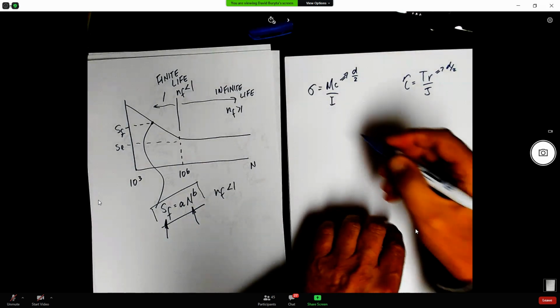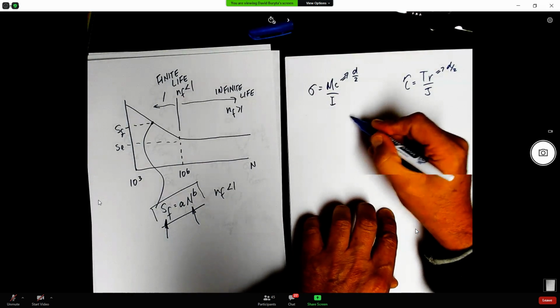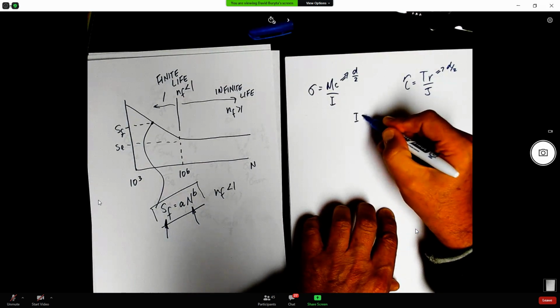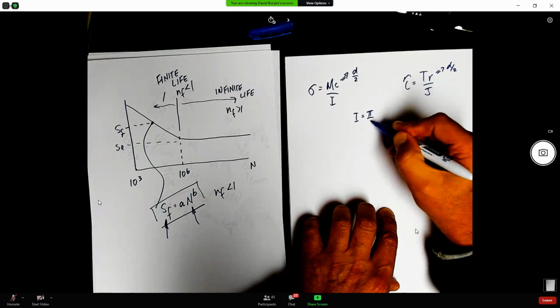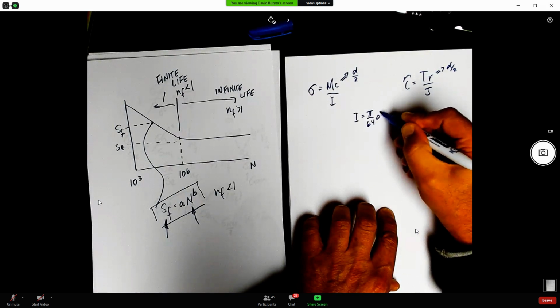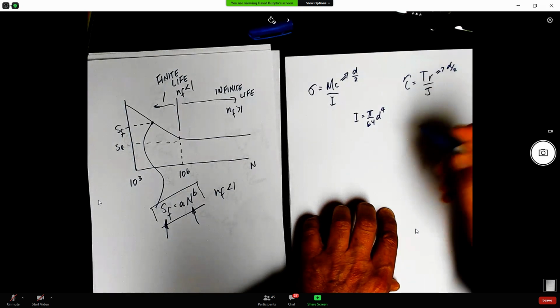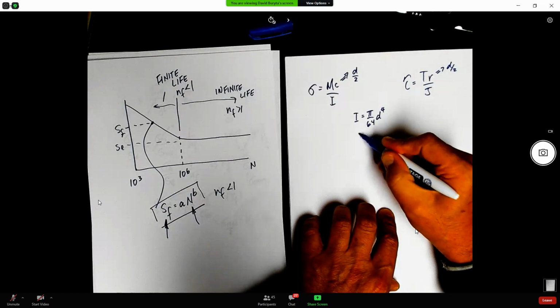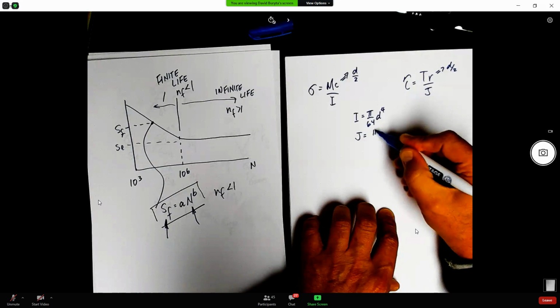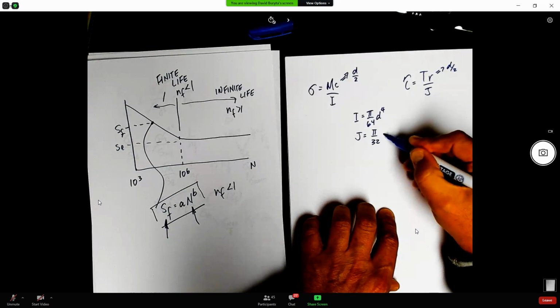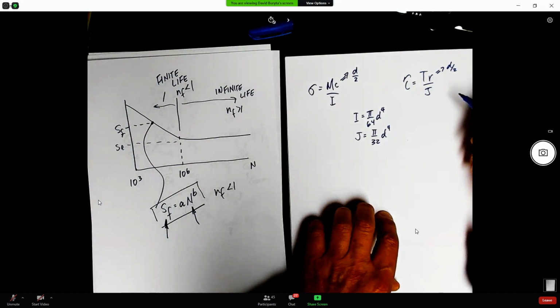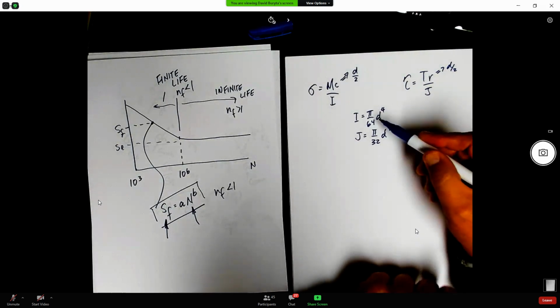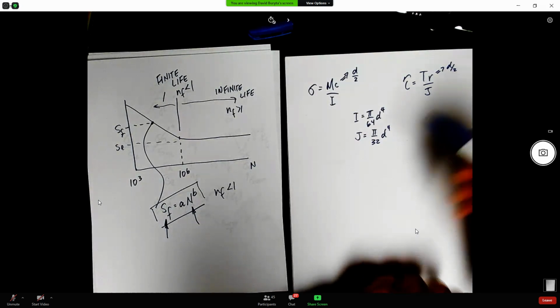And then for a circular cross section, remember that I was equal to pi by 64 d to the fourth, and J was 2 times that. So J is pi by 32 d to the fourth, right? So now I'm going to substitute this into this and this into this.